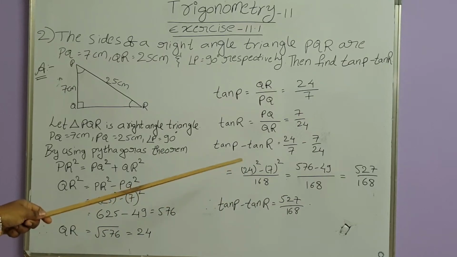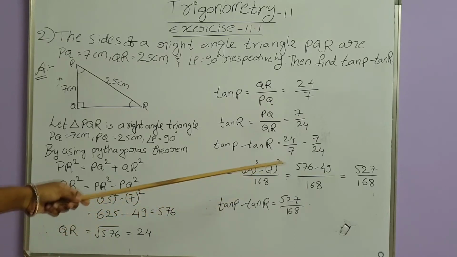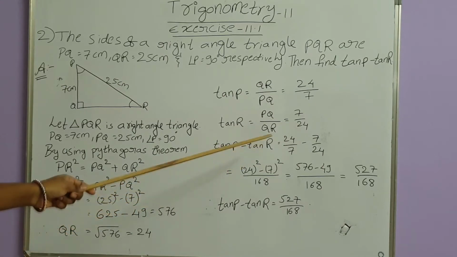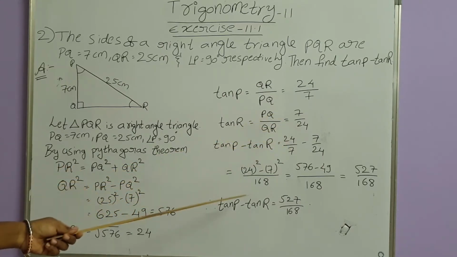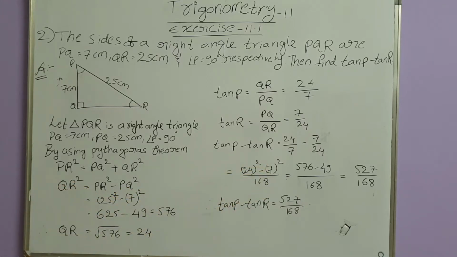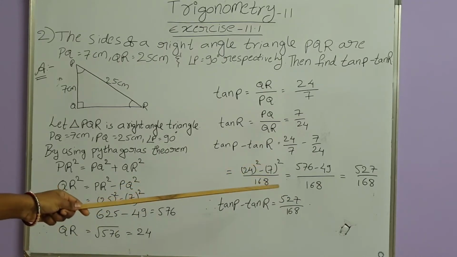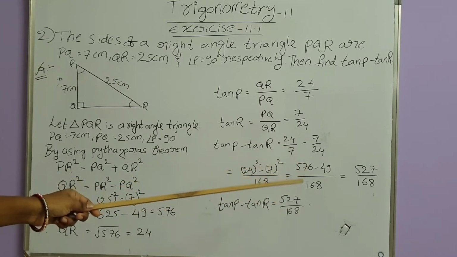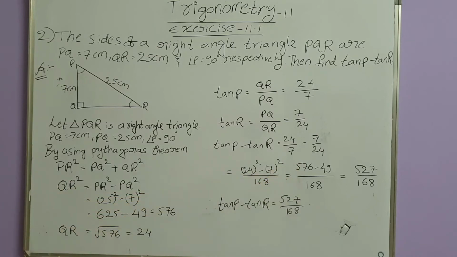Take the LCM of 7 and 24, which is 168. 24 is multiplied with 24, so 24 whole square, and 7 multiplied with 7, so 7 square. 24 whole square means 576, minus 7 whole square which is 49, by 168. We get 527 by 168. Therefore, tan P minus tan R is 527 by 168.